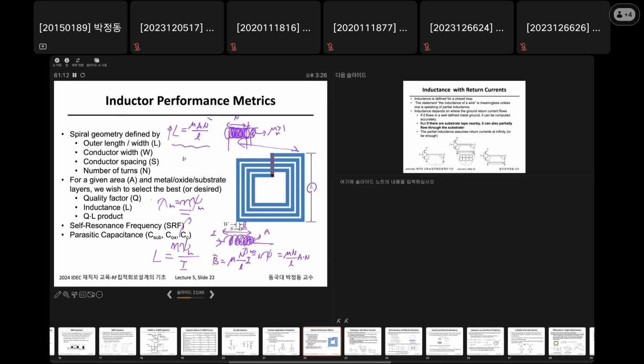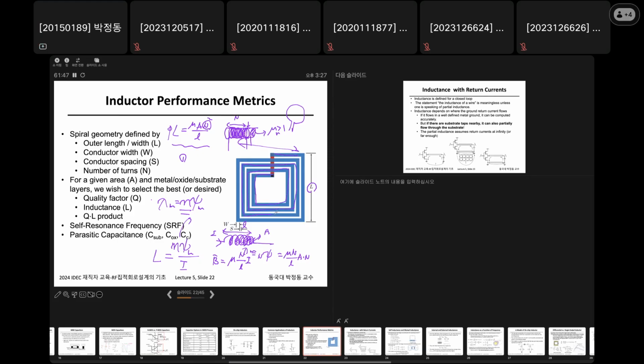First, you cannot arbitrarily choose the number of turns n for a given area. If you take a look at this structure, right? In order for us to make a longer, lengthy routing line, we just make it this way, right? So here, just made like this.